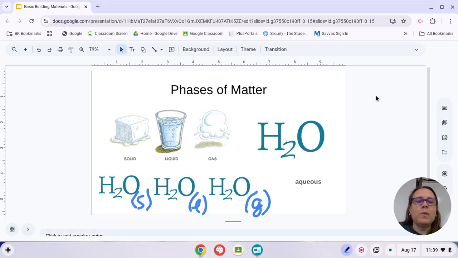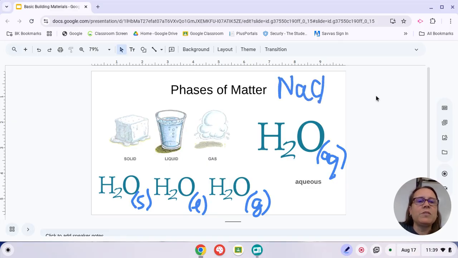We have another one, though. This is not really a state of matter, but in chemical reactions, oftentimes we have things that are dissolved in something else. So we wouldn't normally do this with water, because water is aqueous, because it's water. That's the definition of aqueous. But we can also put AQ in parentheses for aqueous. And what that tells us is normally this is going to be on something like a salt.